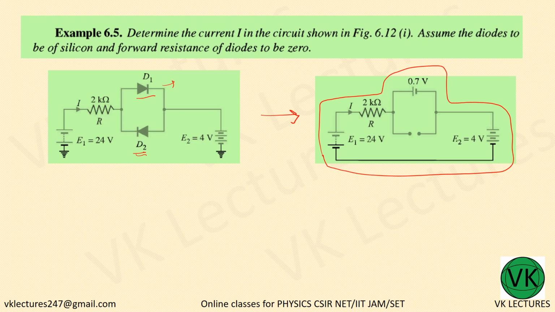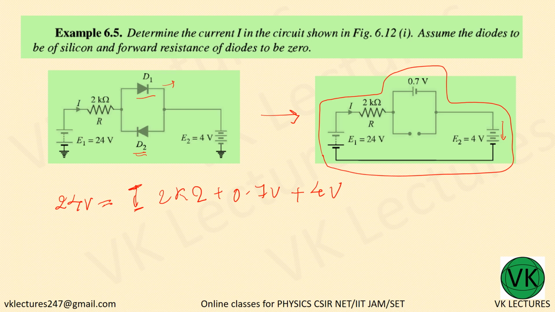Immediately applying that, 24 volt is equal to I, let me write capital I as given there, into 2k ohm plus 0.7 volt, which is the diode voltage, plus, going through a plus voltage, the first terminal is positive, so plus 4 volt, with nothing else in between.